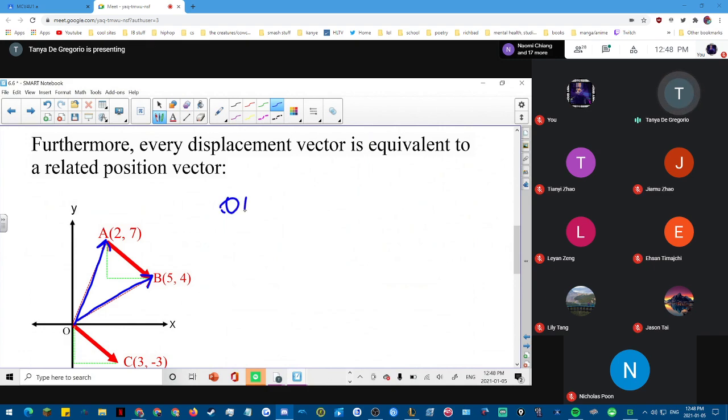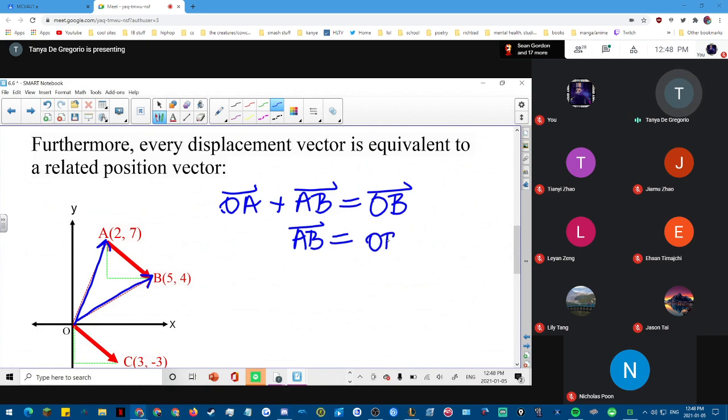So I know that OA plus AB, that's what we learned yesterday, will equal OB. Does everyone follow? My resultant vector will be OB. From here, I can rearrange. I can say that vector AB is equal to vector OB minus vector OA.